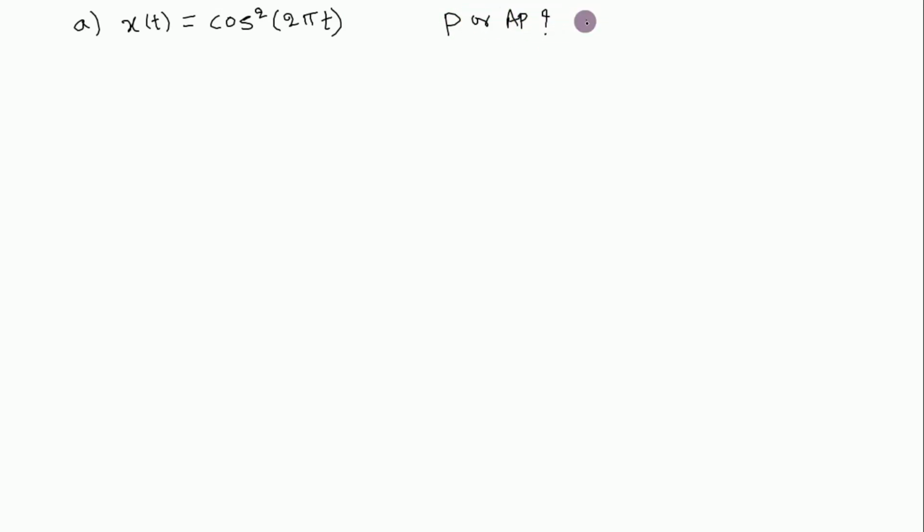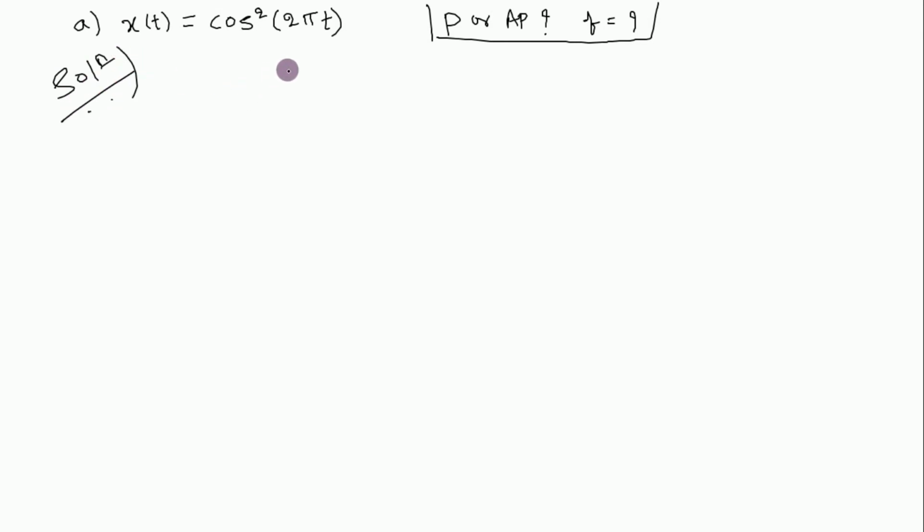The first signal I am taking into consideration is x of t is equal to cos square 2 pi t. So you should check whether it is periodic or aperiodic and find its fundamental frequency. These are the questions. So what is the solution for this?